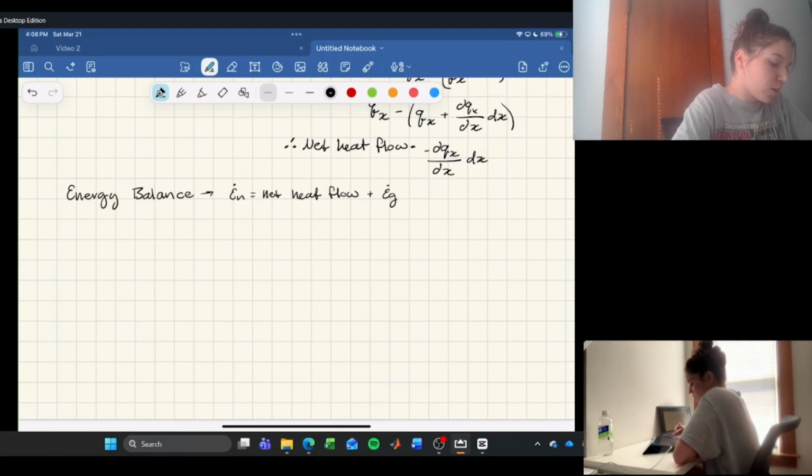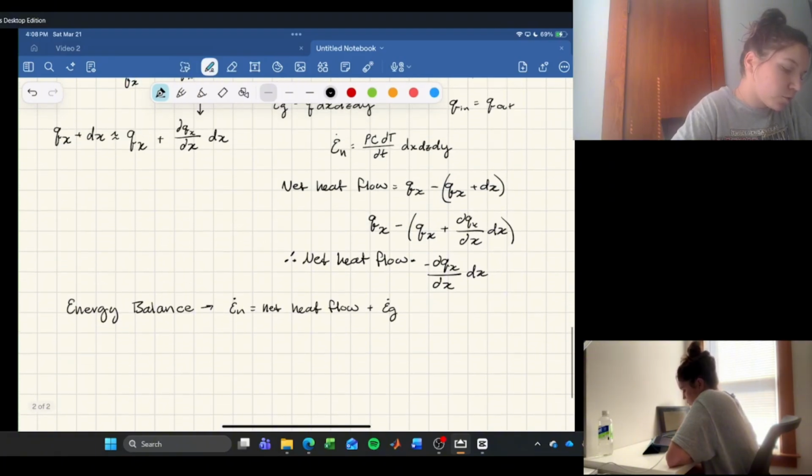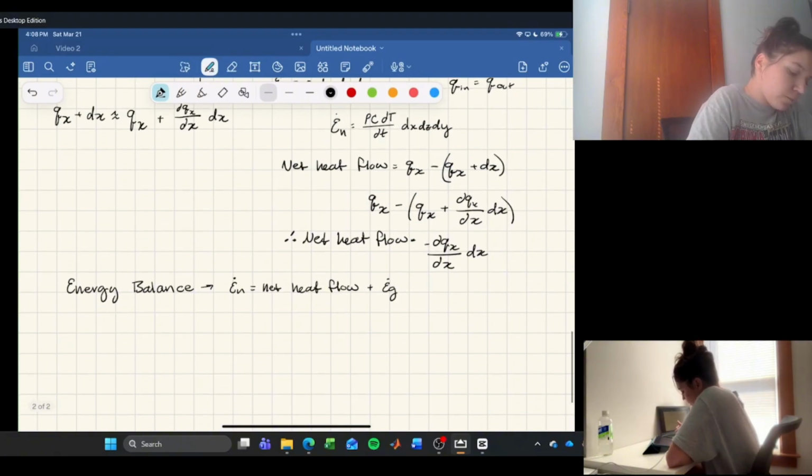So now we can plug in the information from before, where the energy stored is the density times the heat capacity times the change in temperature over the change in time.